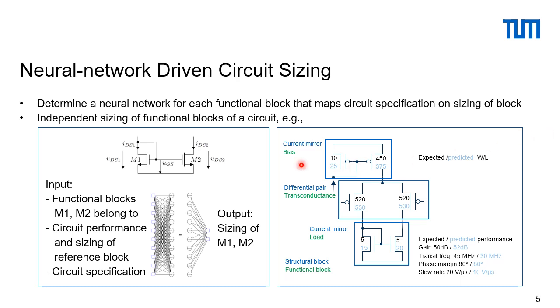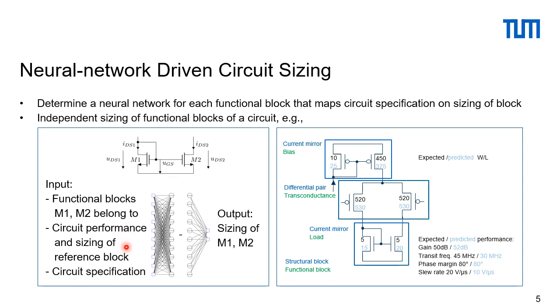So what we have done is we have created a neural network for each functional block over all these 150,000 designs that we have made, to map the circuit specification on the sizing of this one block, independently of all the other blocks. So we have created a neural network which has as input the functional blocks to which this current mirror belongs over all these sample elements.